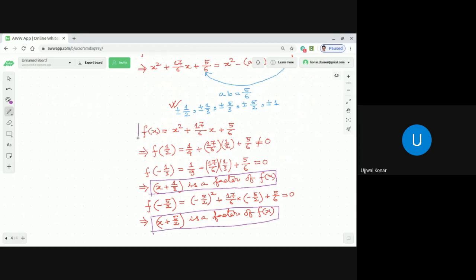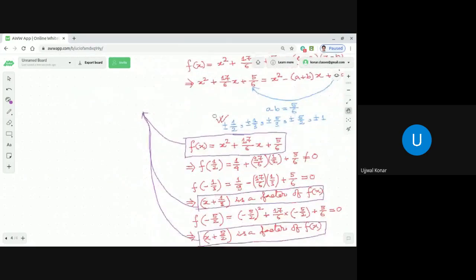And what is our f(x)? f(x) is x² + (17/6)x + 5/6. So now we can club these together, and from here we can conclude f(x) is equal to (x + 1/3)(x + 5/2), isn't it, dear students?